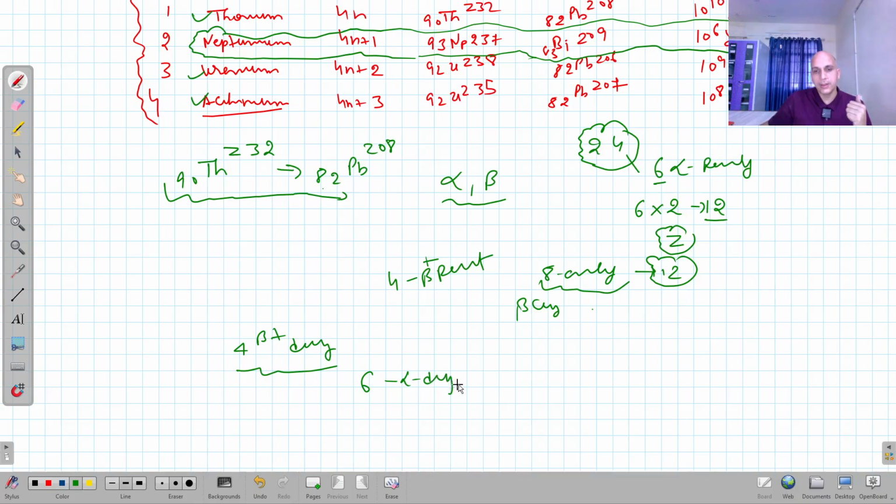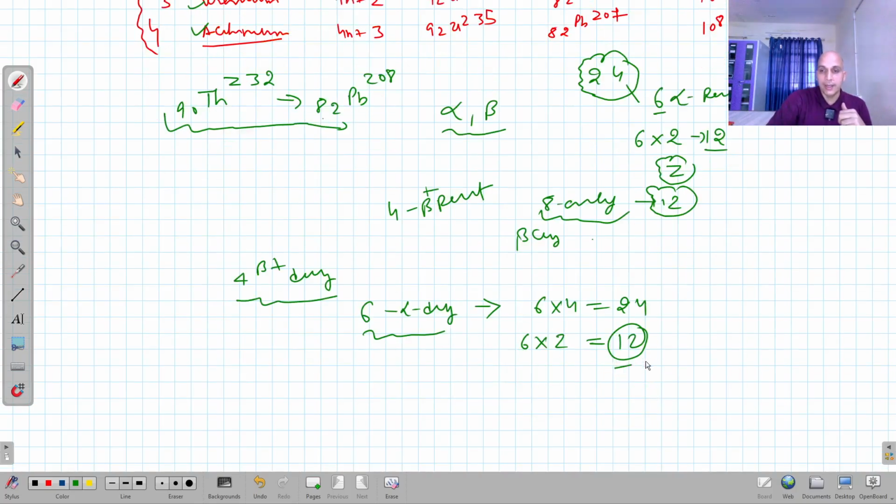alpha decays. So 6 alpha decays will decrease the mass number by 6 into 4, that is 24, and will decrease the atomic number by 6 into 2, that is 12. Decreased by 12 means 90 minus 12, it will become 78.